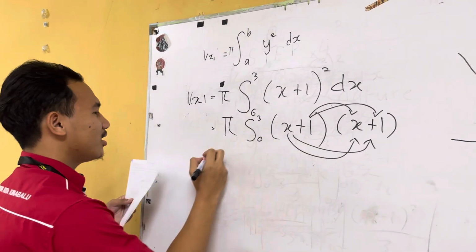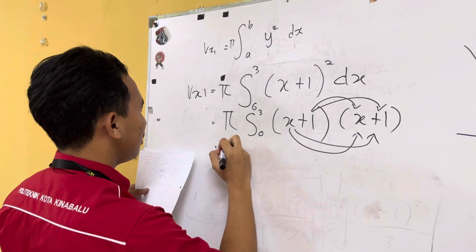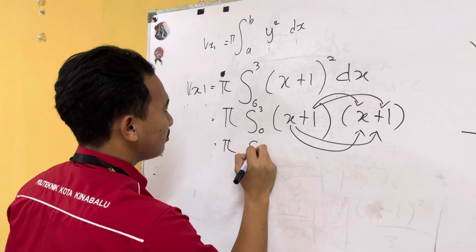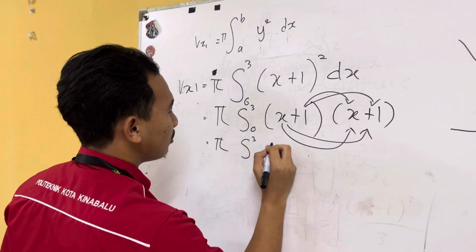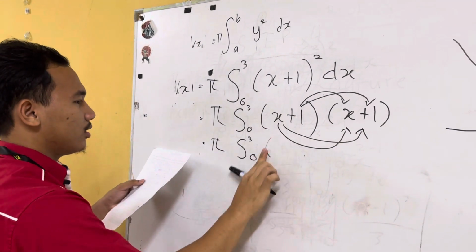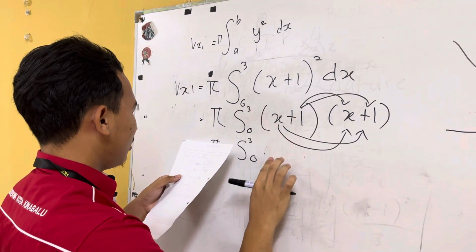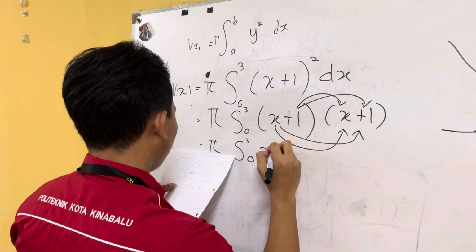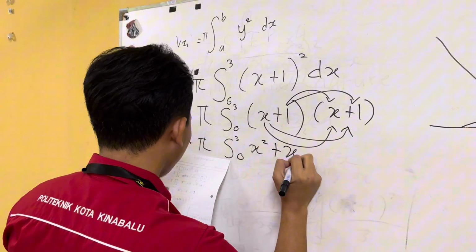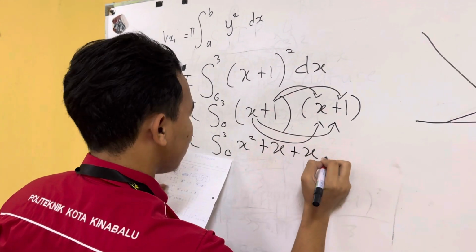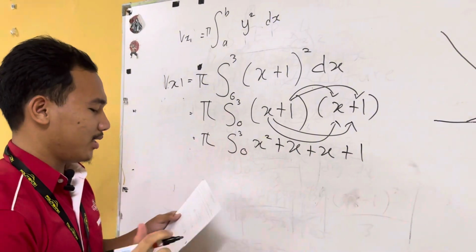So the answer we get here is pi integral from 0 to 3 of x squared plus 2x plus 1, just like that.